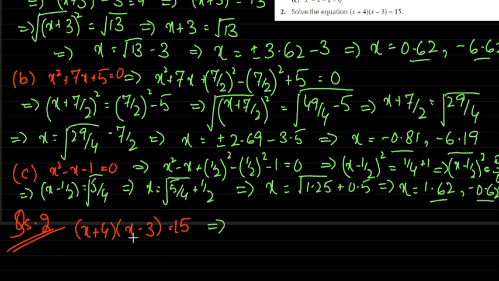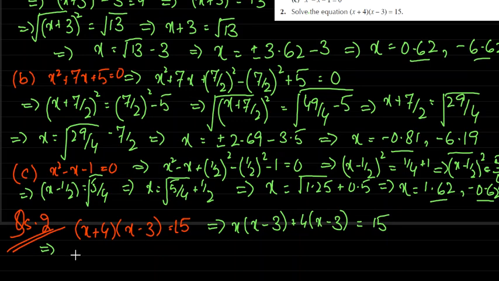So first we have to make it in the form a plus b whole square minus b is equal to 0. Then we will be able to solve the question. See, x into x minus 3 plus 4 into x minus 3 is equal to 15, right?